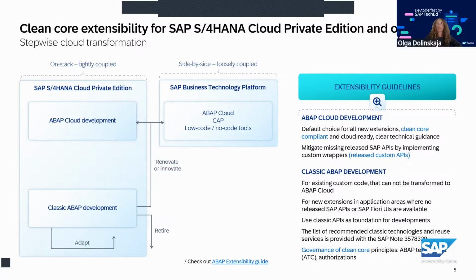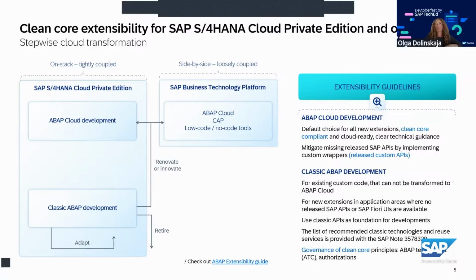The recommendation for ABAP Cloud Development is to set up a separate software component declared with the ABAP Cloud Development version and create all new objects in this software component. And in this case, the usage of ABAP Cloud, the usage of released APIs will be enforced by the syntax check.